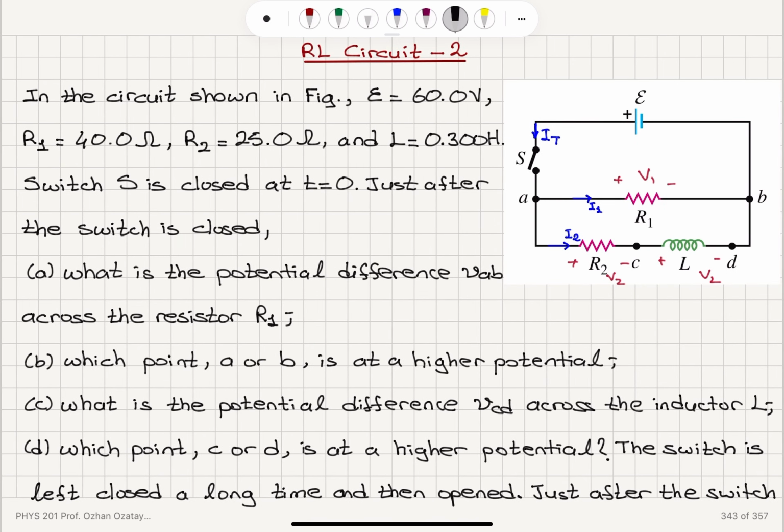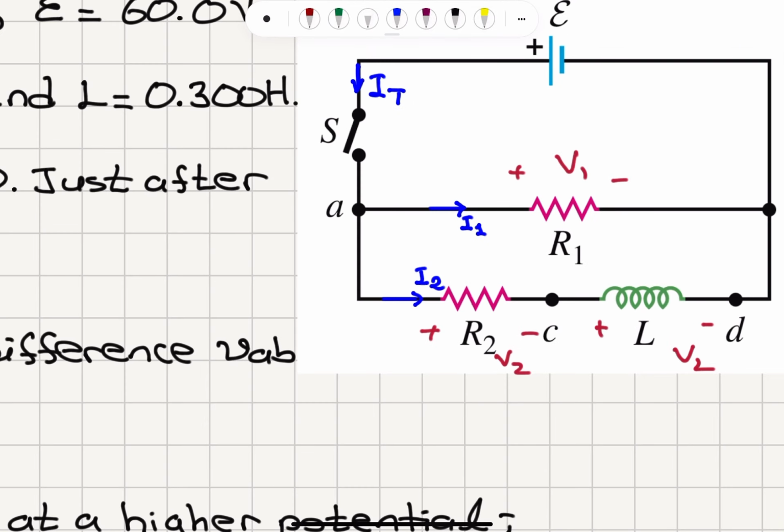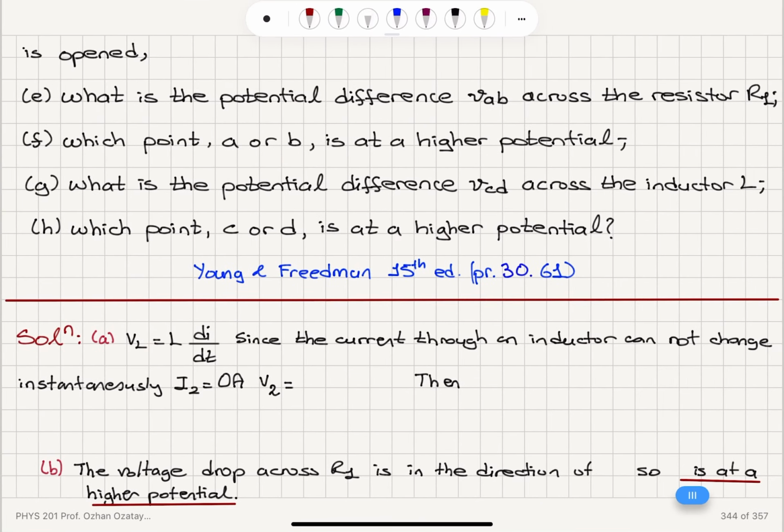And V2, the voltage across this resistor R2, will also be equal to I2 times R2, which is 0 volts.